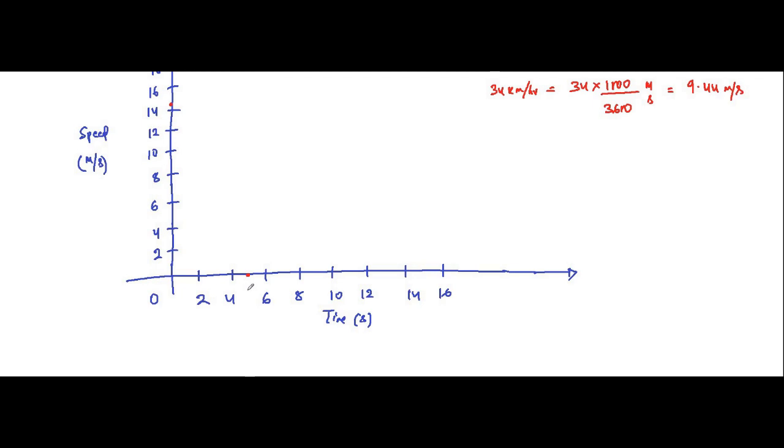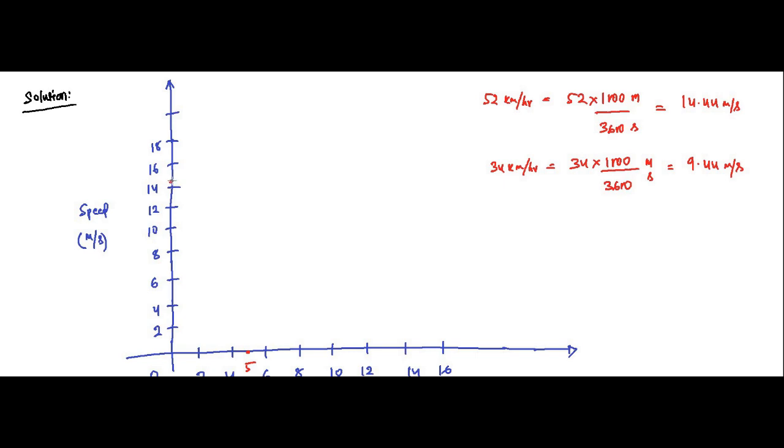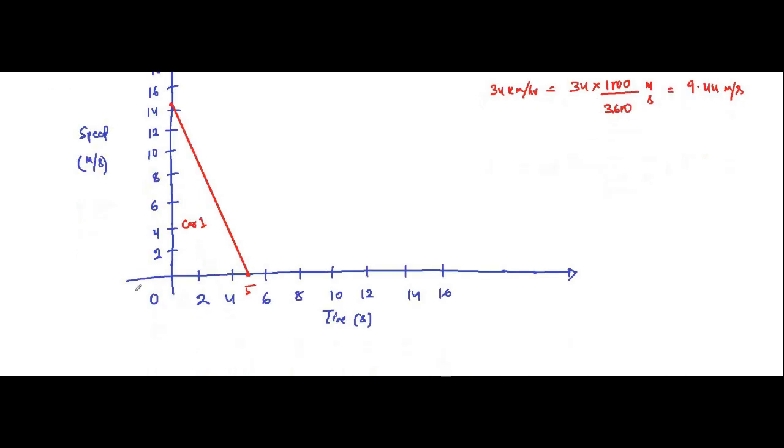So let's draw a line joining these two. This is the speed-time curve of car 1. Let's name it: this is O, this is A, this is B.